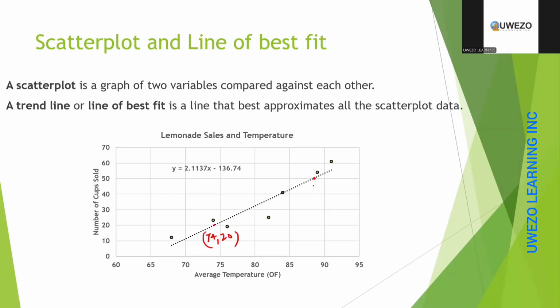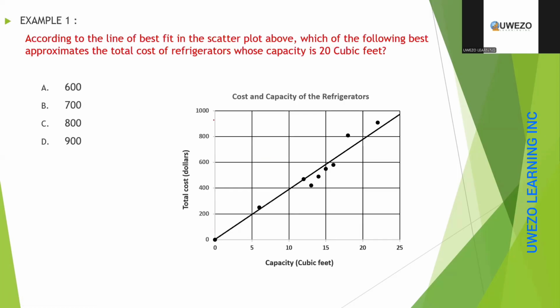And here we would approximately take it as 88 and 50. Now you could use a Desmos table for these 2 points and get the equation for the line of best fit. Let us solve an example.